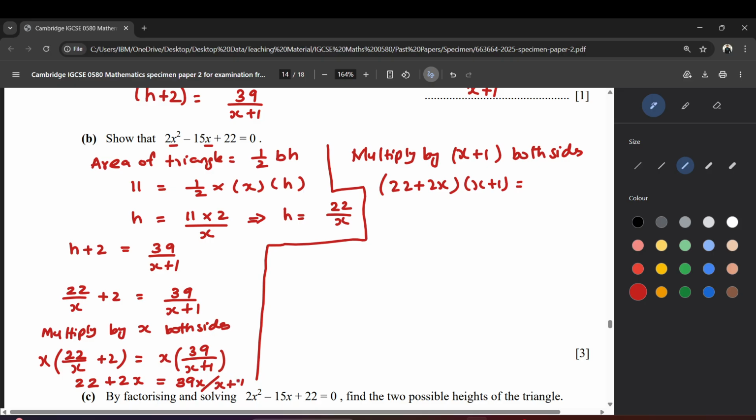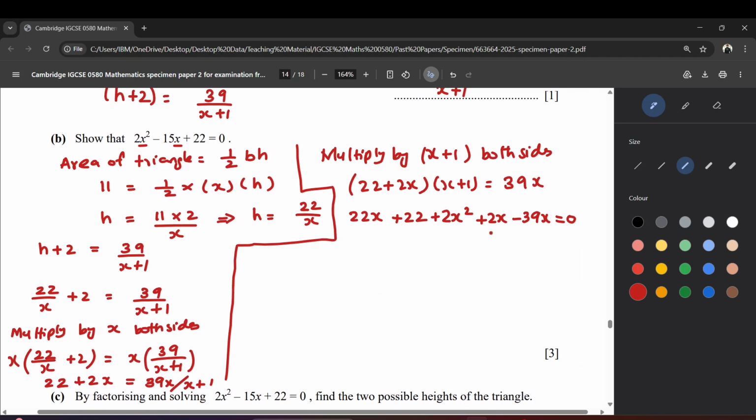This x plus 1 gets cancelled, so you'll just be left with 39x. Now 22 times x is 22x, 22 times 1 is 22, 2x times x is 2x squared, and 2x times 1 is 2x. And this 39x can be taken to the left hand side. So we can write this as 2x squared minus 13x minus 39x plus 22 equals 0. Now simplify.